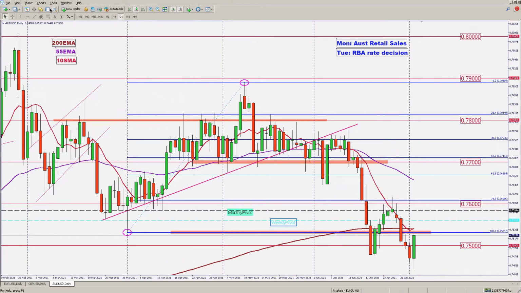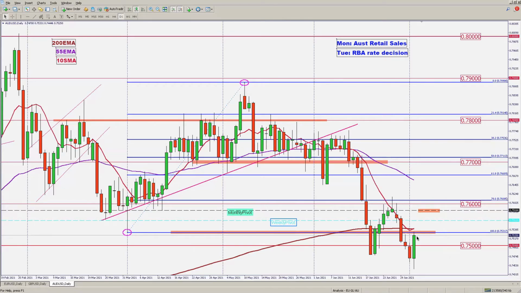Right, so above the daily 200 EMA, there's the monthly pivot, which will provide additional resistance if this intermediate level here at the 100 pip does not hold.